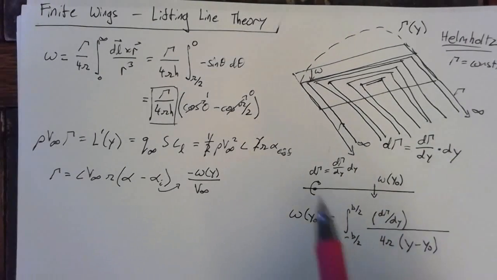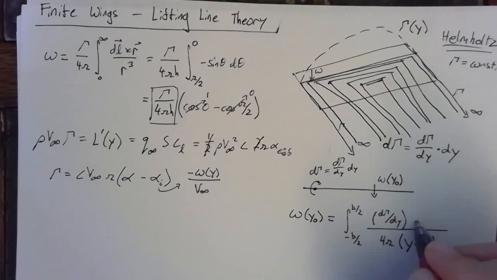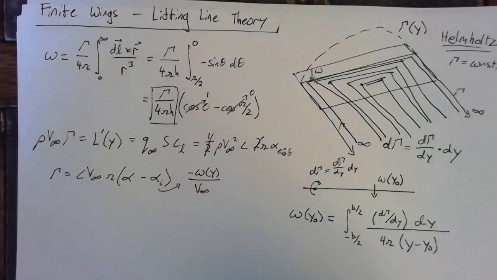And if y is less than y naught, then we get a negative w, which is what we expect. And then we're integrating along dy.